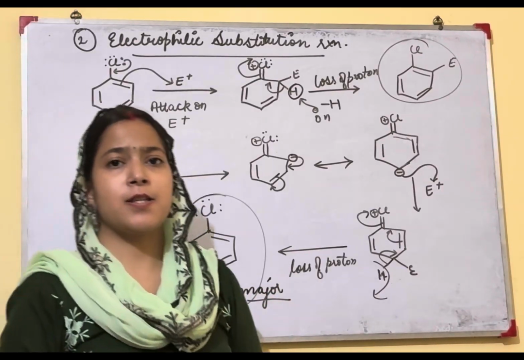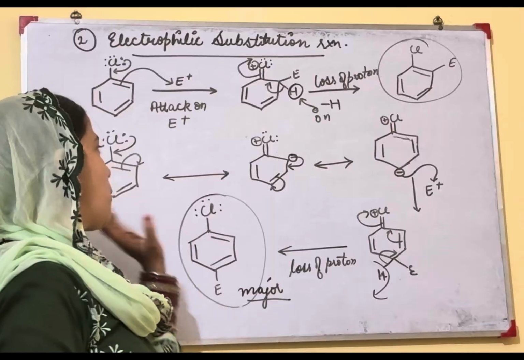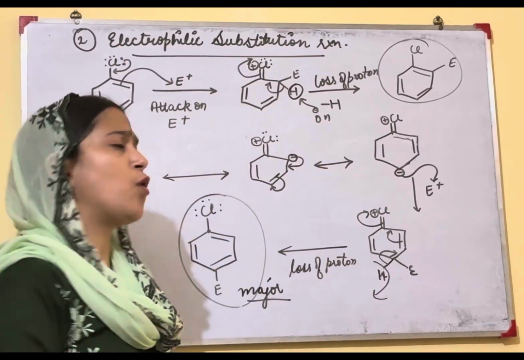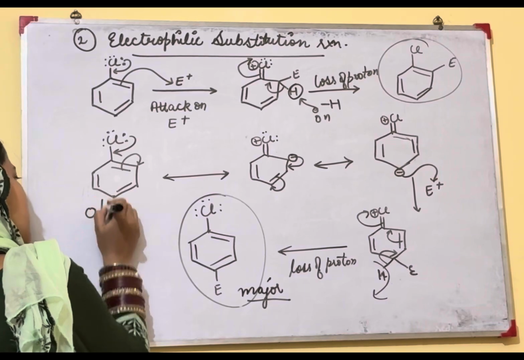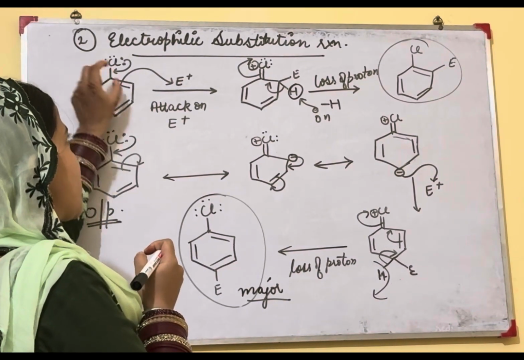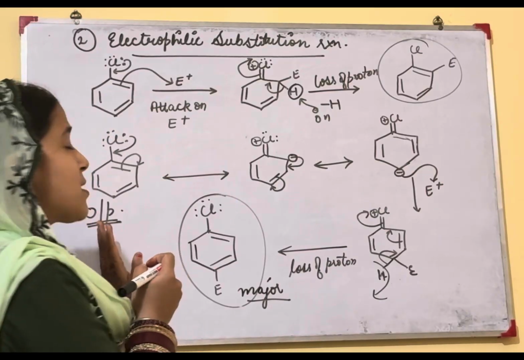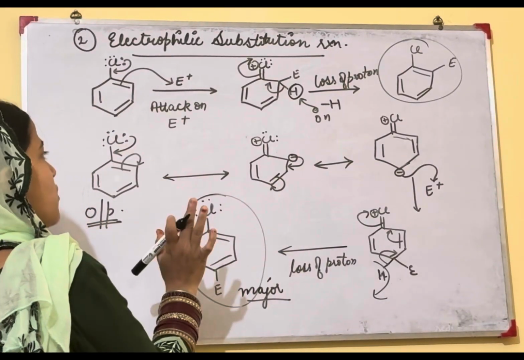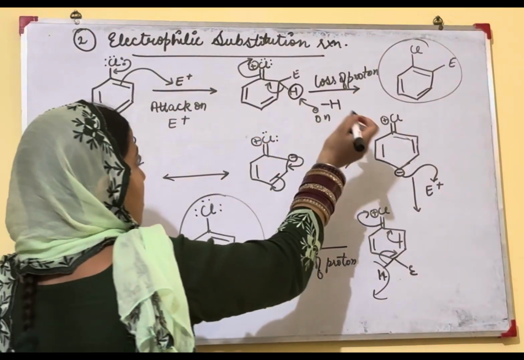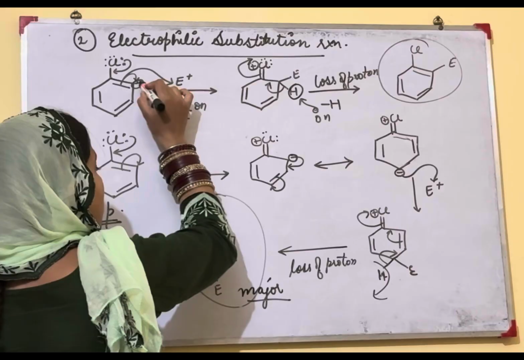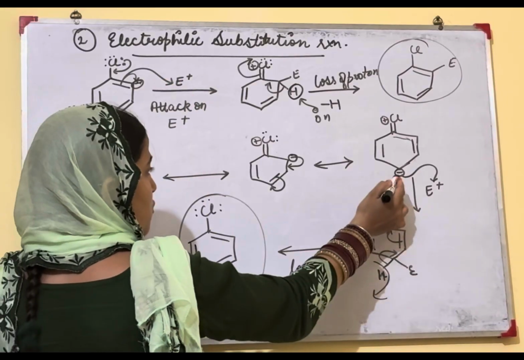Now after this, if we talk about this electrophilic substitution reaction, it will be undergone by compounds that are ortho and para directing. So the group present, Cl here, is ortho and para directing, because whenever the reaction takes place, this negative sign will be at the ortho position or at the para position.